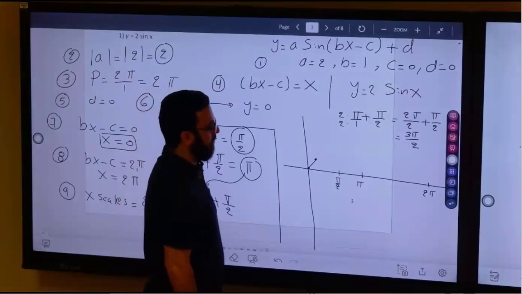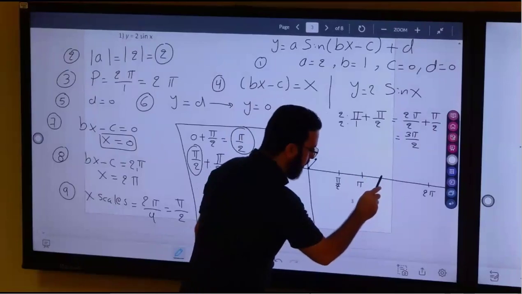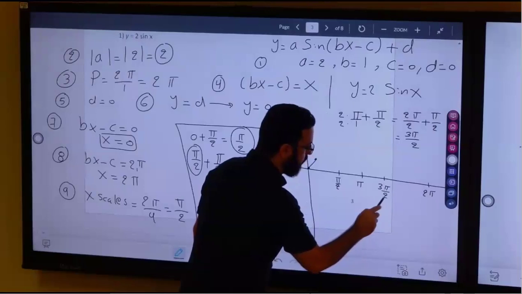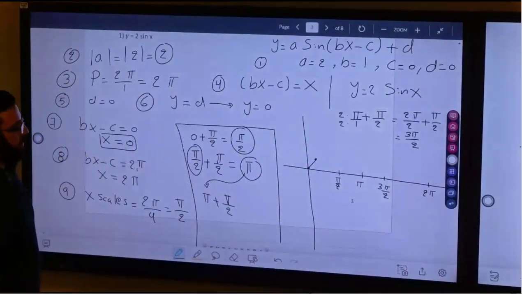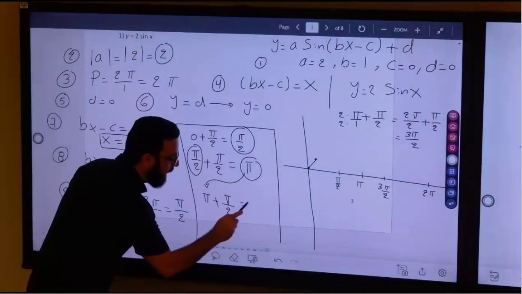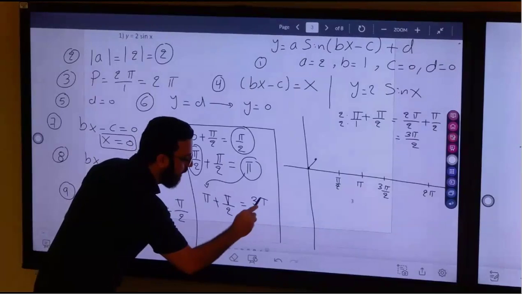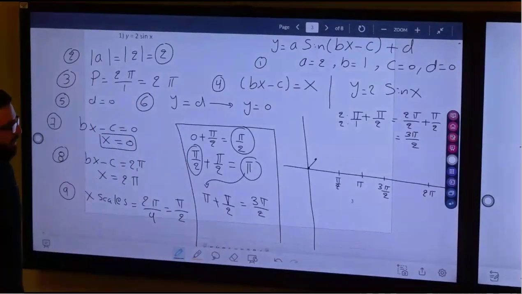Look at the circle. It's going to be 3 pi over 2. So we got here 3 pi over 2. Now tell me, how are we going to get the other point?